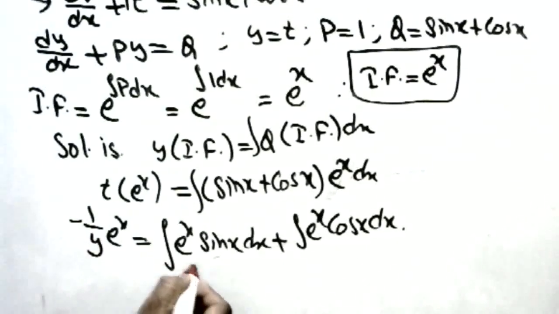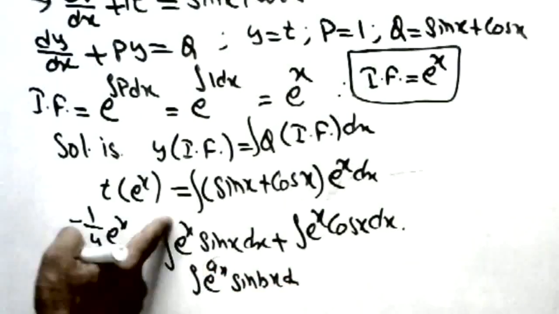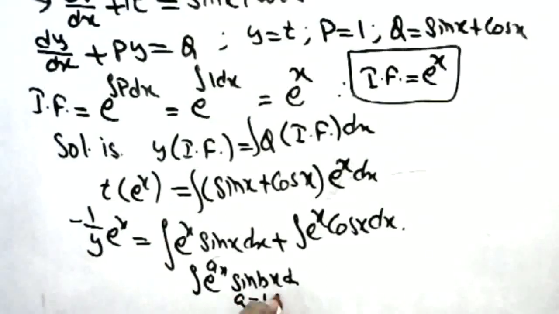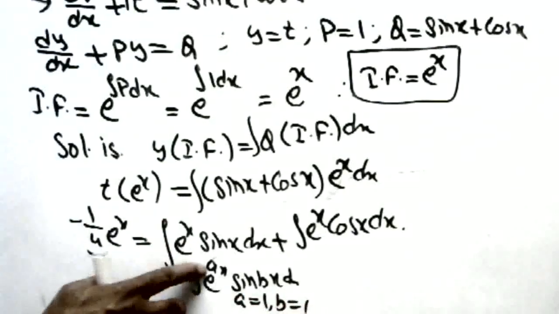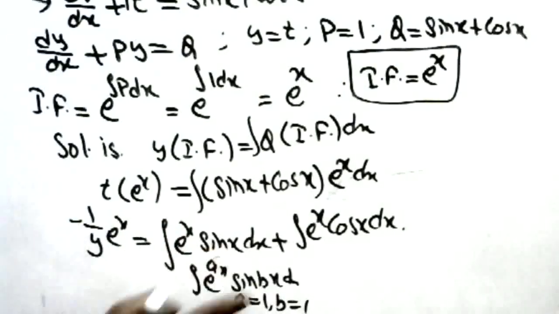Now we have just seen these formulas. Now compare this with the general form e power ax sin bx dx. Here the value of a is 1 and b is also 1. Here also a equals 1, b equals 1.